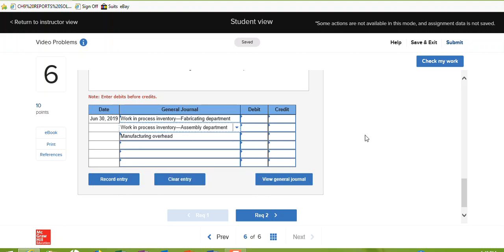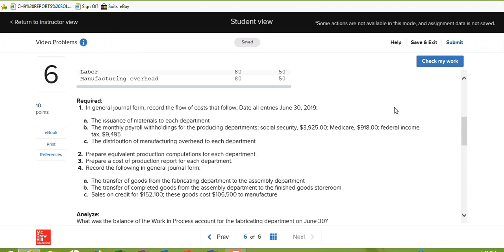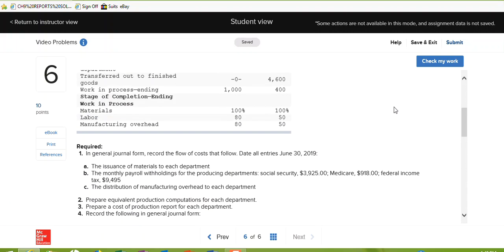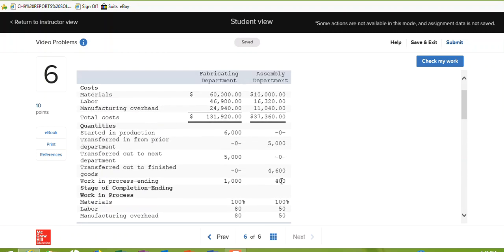And that's how we apply our overhead. We're going to do those accounts. So let's see. It looks like we're going to have to get that off this chart. Well, yep, it's already calculated for us. How nice. So manufacturing overhead, fabricating is 24,940. Assembly is 11,040.